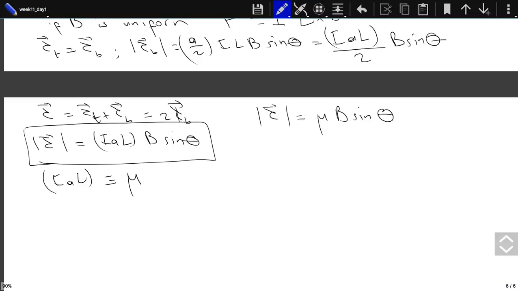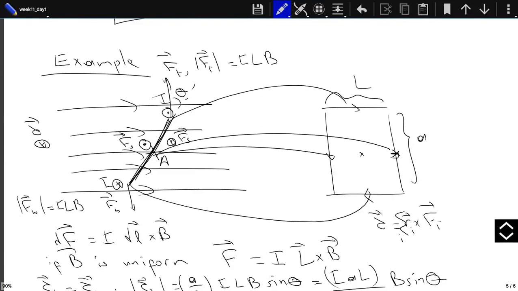Now if you look at this one, B is the magnitude of some vector, and then we have multiplied by sine theta. It just looks like the cross product. The only missing piece is that mu should be a vector if we are to write this as a cross product. So we have to define a mu vector so that the torque will be equal to mu cross B. Now let's come here.